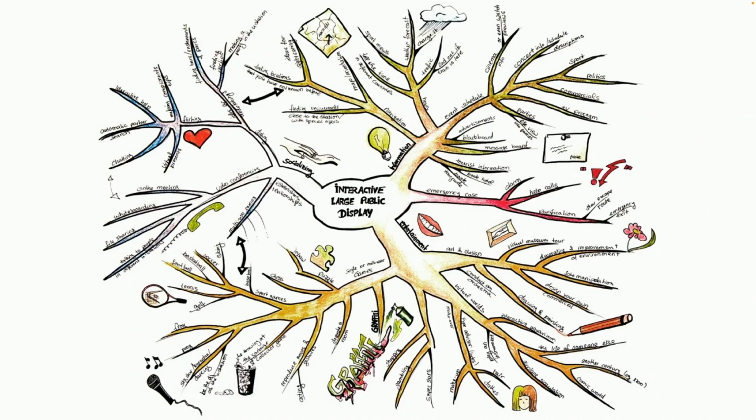This is a concept map that people did years ago in this class on the topic of interactive large public displays. The topic was come up with ideas, projects that use interactive large public displays. And so you can see what they did is they took a couple aspects, like they could be used for entertainment, or they could be used for information, socializing, or for things like puzzles down here.